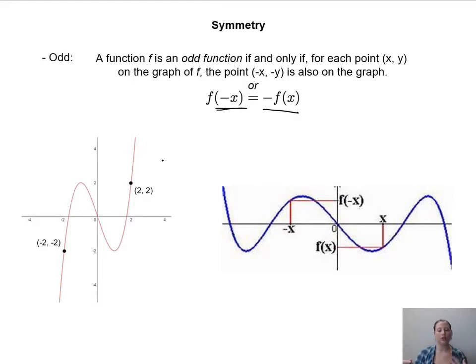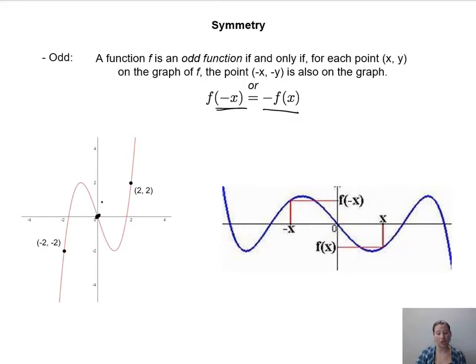Remember, the origin is this point right here connecting the two axes. So what does it mean to be symmetrical about the origin? It means it rotates to be symmetrical. Rotating symmetry: if you look at it right side up and upside down, it should look the same.